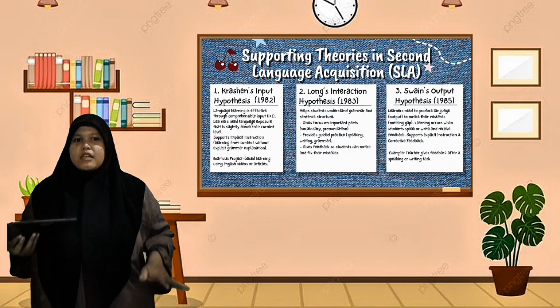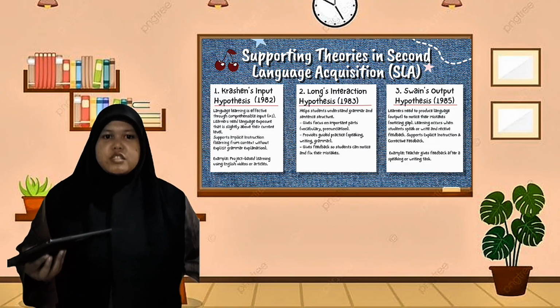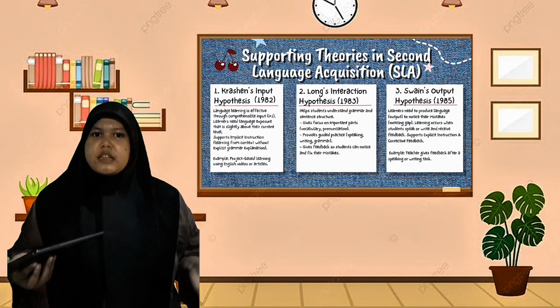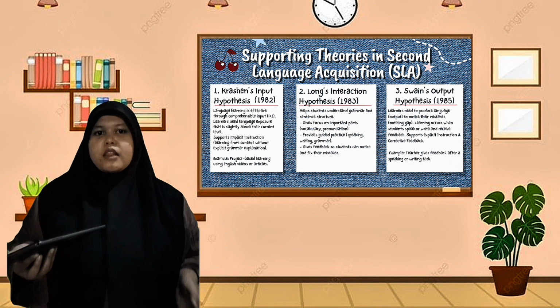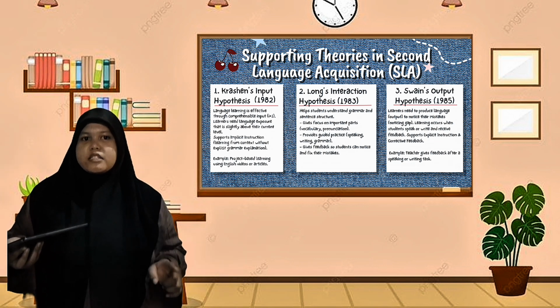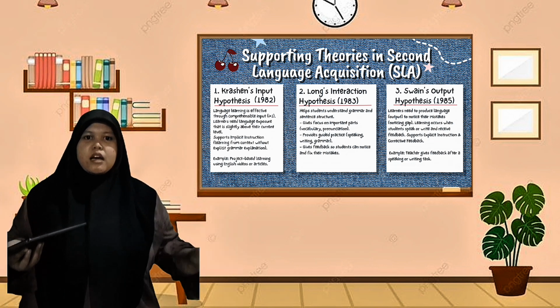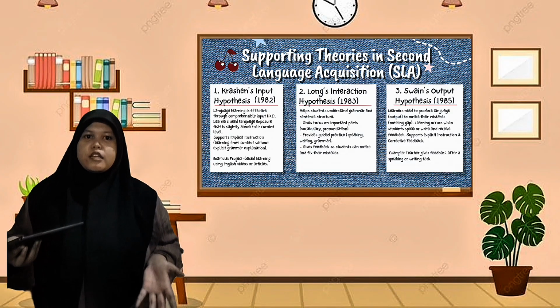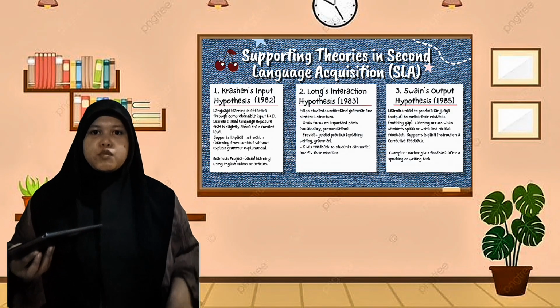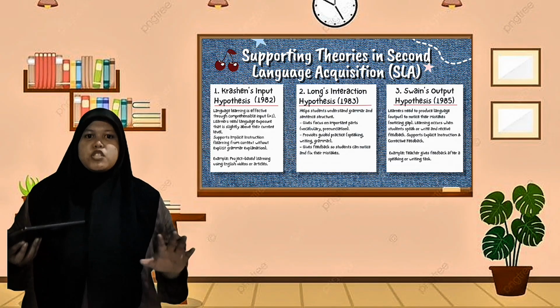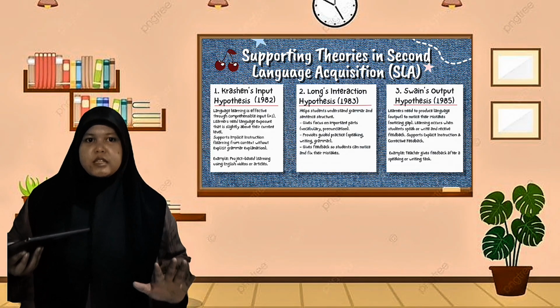Okay, next, let's look at three influential SLA theories that explain why instruction plays an important role. The first one is Krashen's input hypothesis. Krashen states that learners need input that is slightly above their current level, or i plus 1. For example, watching English videos with simple subtitles.